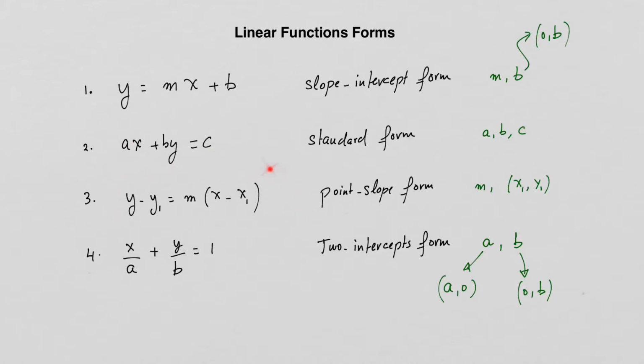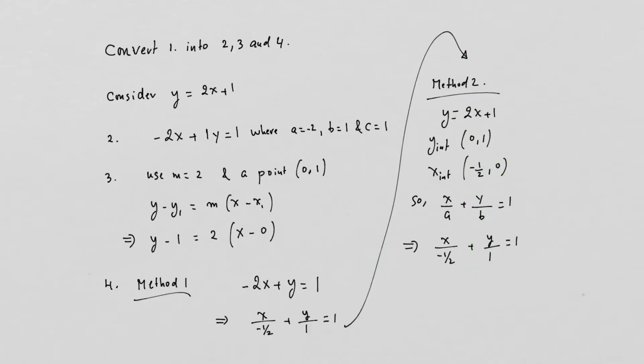So now I'm going to go to the point-slope form. Slope is given, obviously, and I'm going to pick a point. We already know that slope is 2, right? So now I just need a point. I picked the point (0, 1). We know when x is 0, y is 1. Feel free to pick another point.